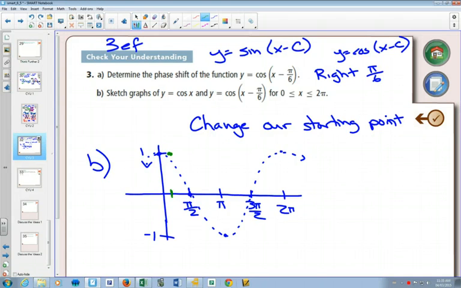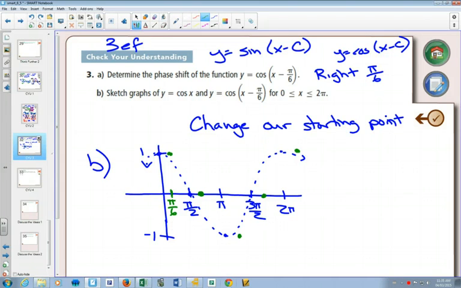I'm going to do the same thing with this point. I'm going to move it pi over 6 to the right. I'm going to label this as pi over 6 so I have some sort of sense of scale. I'm going to take this point at the minimum and move it pi over 6 to the right. This point and move it pi over 6 to the right. And finally this point and move it pi over 6 to the right.